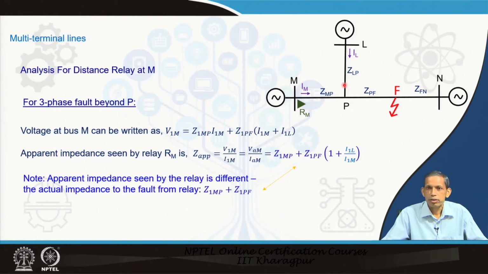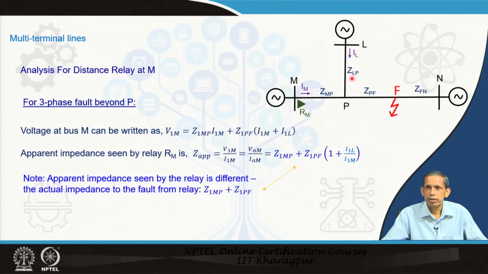These line sections have their impedances. Impedance between M and P is ZMP, impedance between P and N is ZPF, F being a fault point here, ZPF plus ZFN, and impedance from P to L is ZLP. They have their associated positive sequence, negative sequence and zero sequence impedances for each line section.